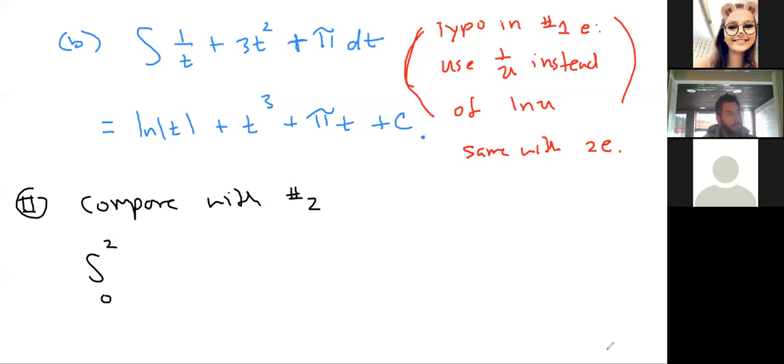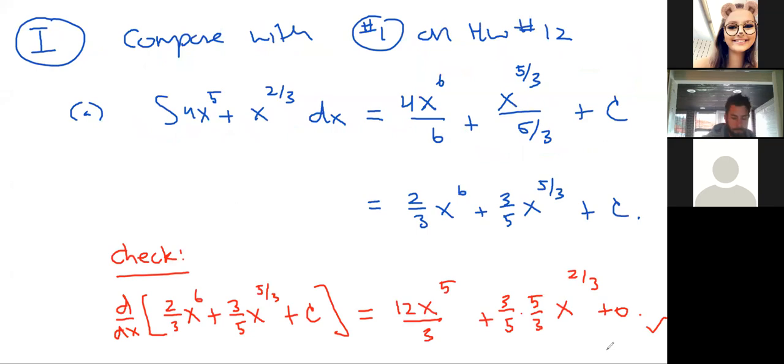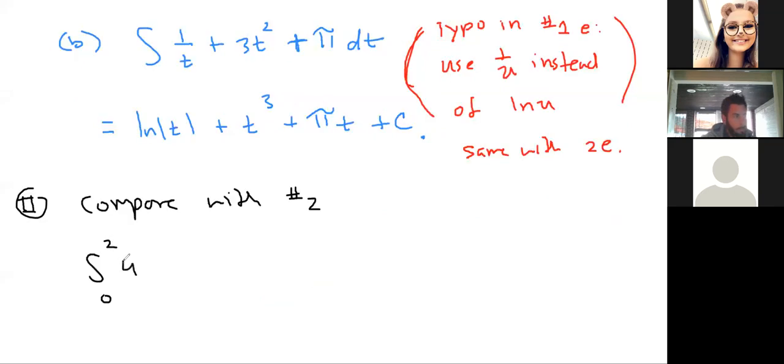We integrated 4x to the 5th and then the 2/3. The difference between this and the previous two exercises is that those practice problems were indefinite integrals. When you're determining an indefinite integral, you expect your answer to be a function.